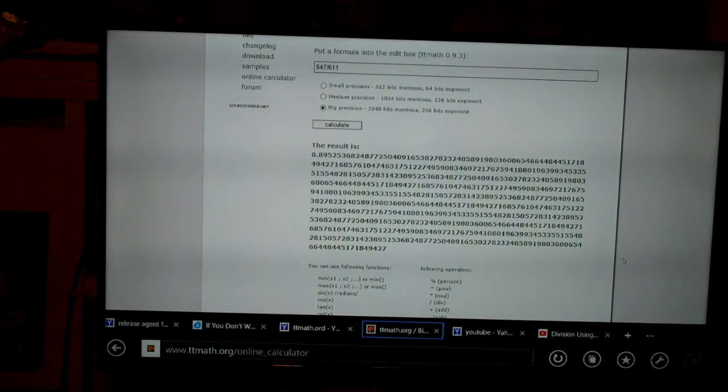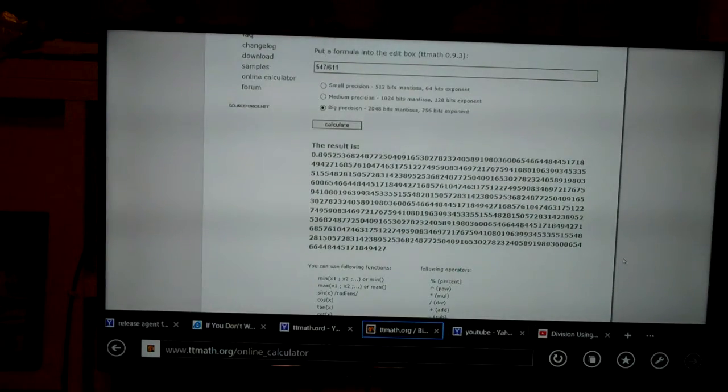Repetend size, ttmath.org, very important. Using scientific notation on plain old division from the 5th grade. I should put the links into all of my YouTube lessons. And the importance of scientific notation in division when it gets to really, really spooky big numbers.